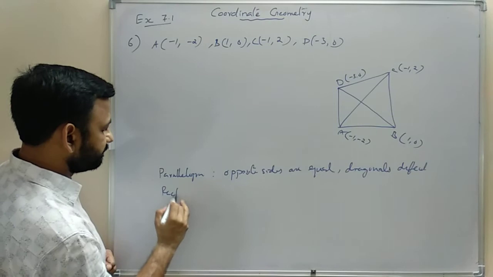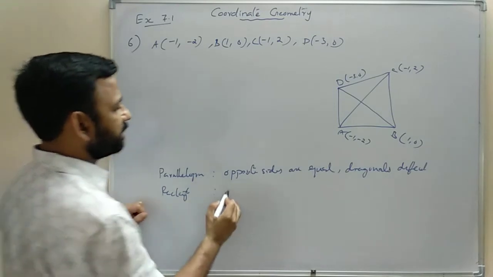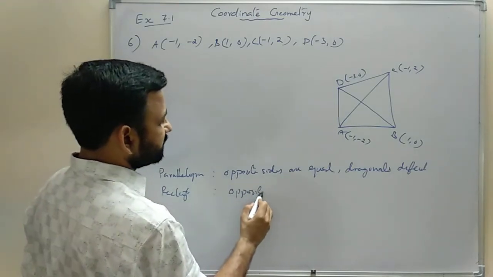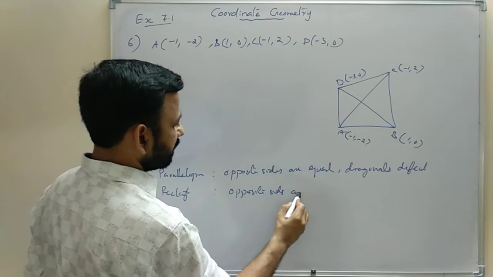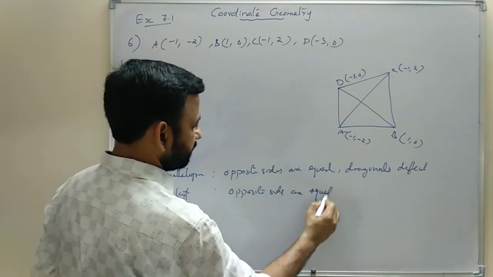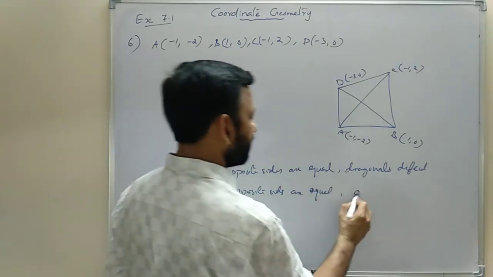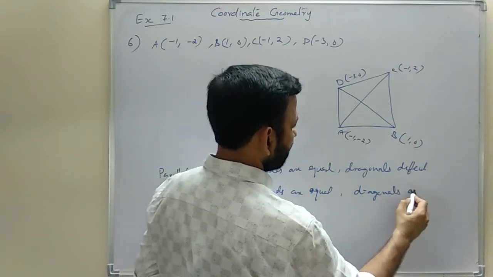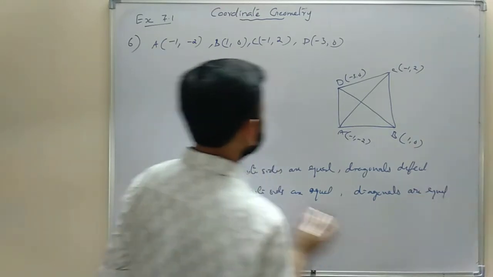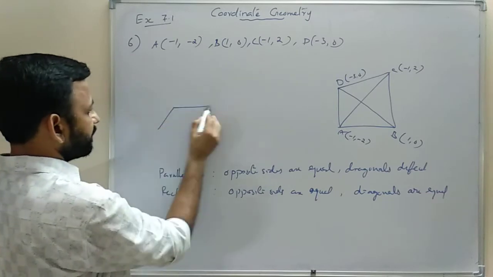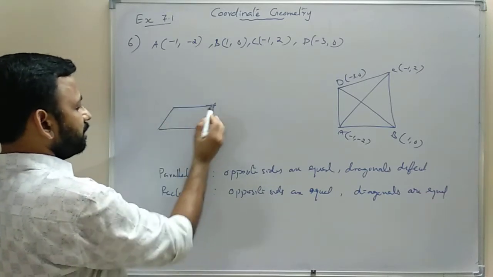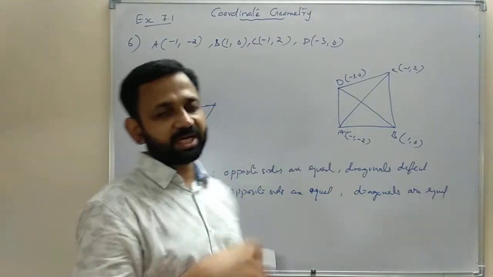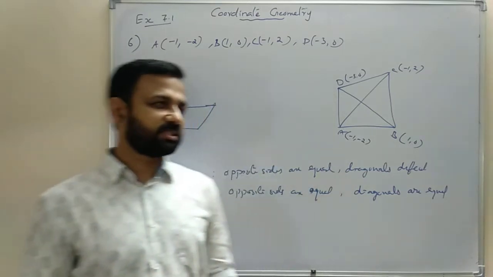Then rectangle. In a rectangle, opposite sides are equal, then diagonals are also equal. Because this is a parallelogram, in a parallelogram opposite sides are equal. In a rectangle also opposite sides are equal.